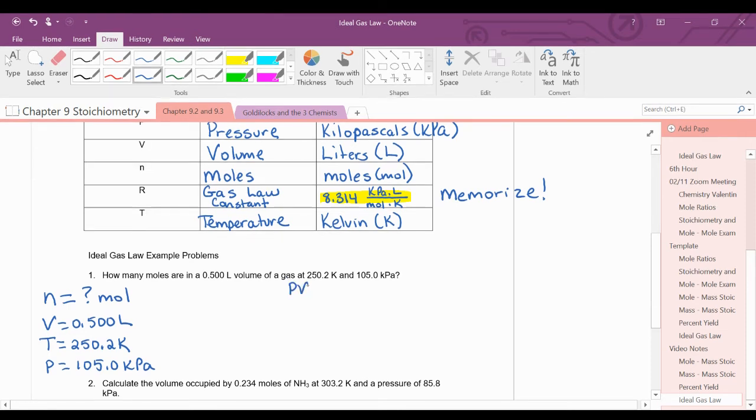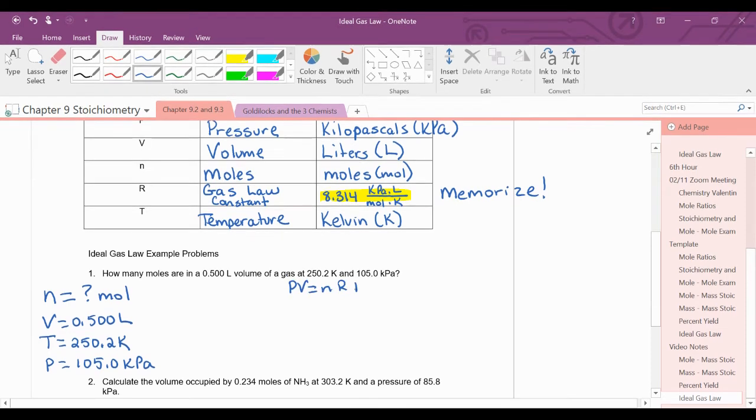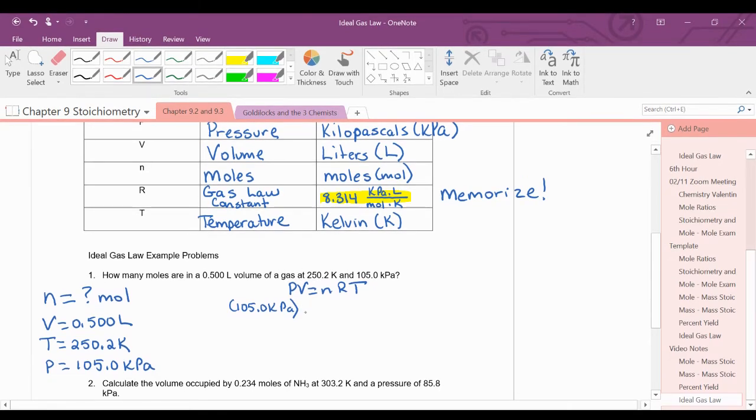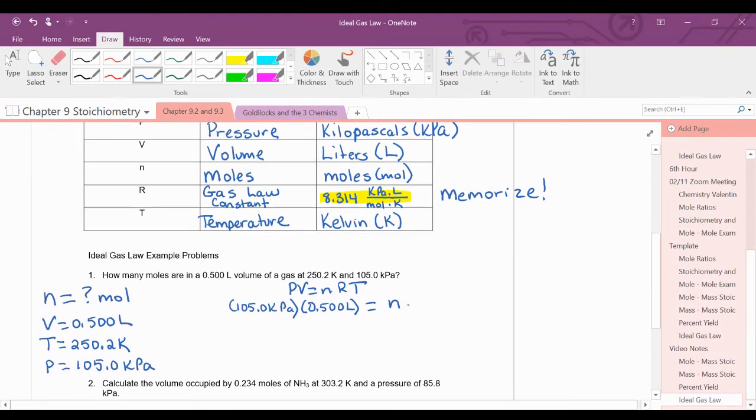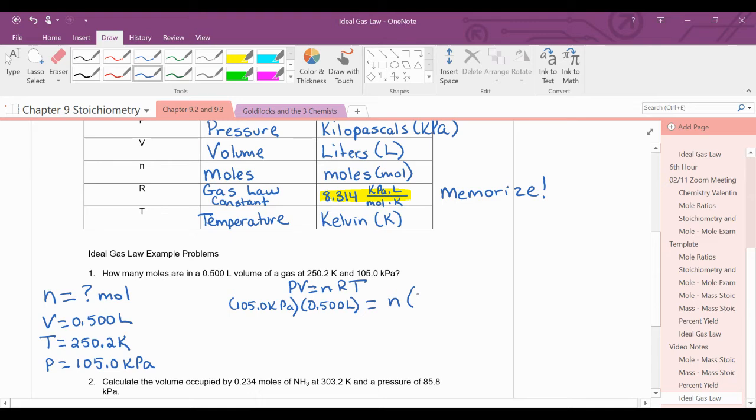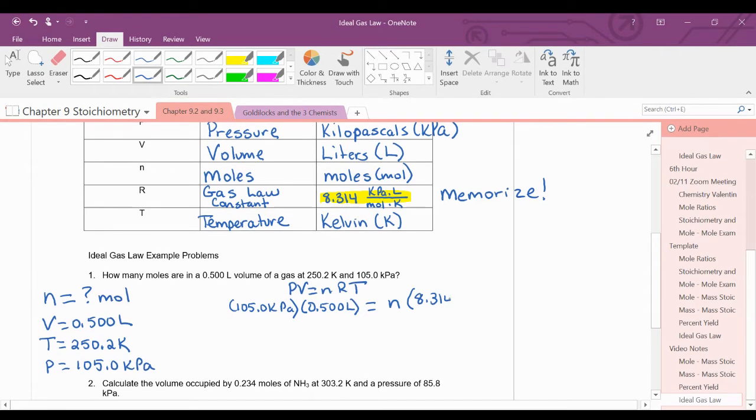So PV equals nRT. P is our pressure, 105.0. V is our volume. Trying to find N. R is 8.314.